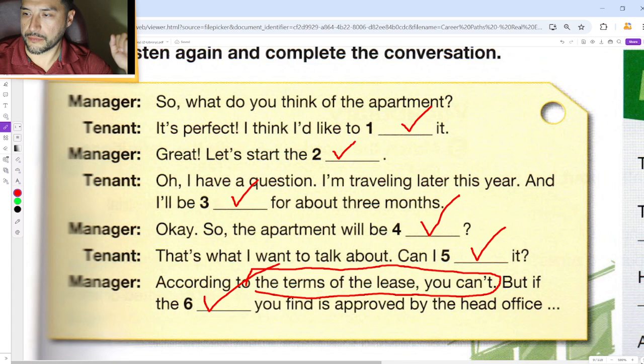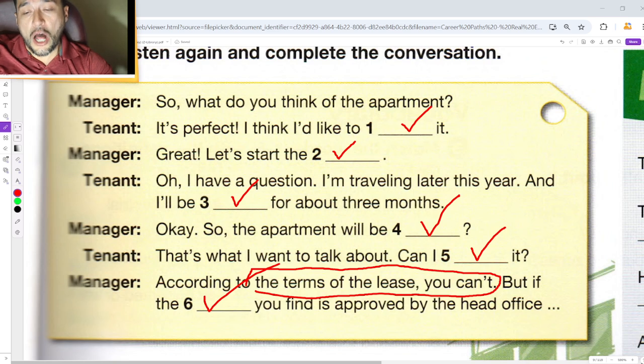So, what do you think of the apartment? It's perfect. I think I'd like to rent it. Great. Let's start the paperwork. Oh, I have a question. I'm traveling later this year, and I'll be gone for about 3 months.